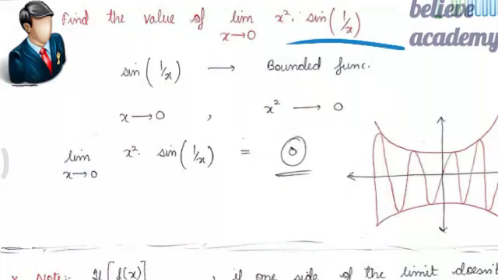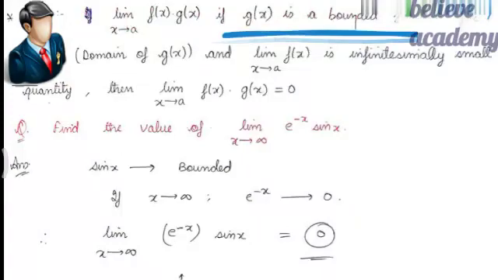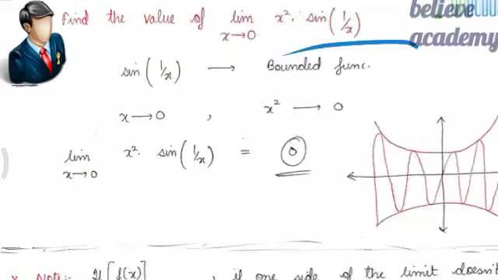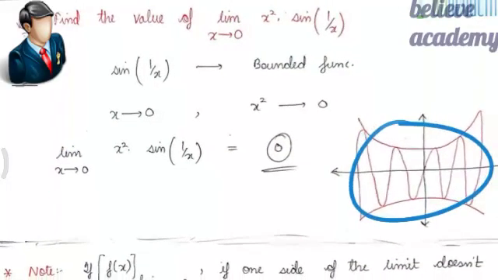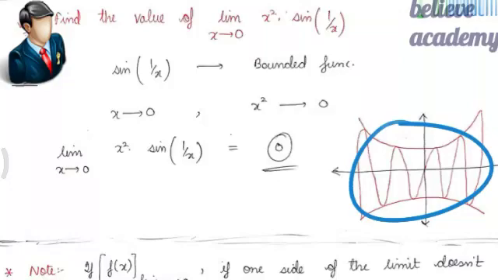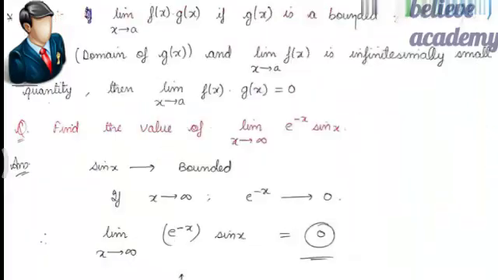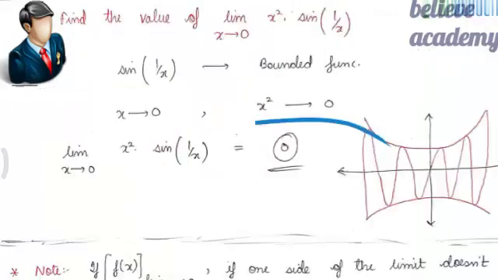The second function, that is g of x, is a bounded function, that is sine 1 by x. x चाहे कुछ भी हो, the value of sine would always lie between -1 and 1. So we get the graph of x square into sine of 1 by x to be this one. It can be plotted with the help of a computer. So we get the limit, which totally implies from this particular part, to be equal to 0.